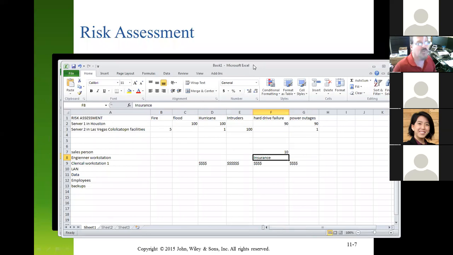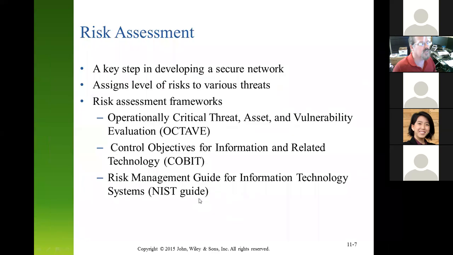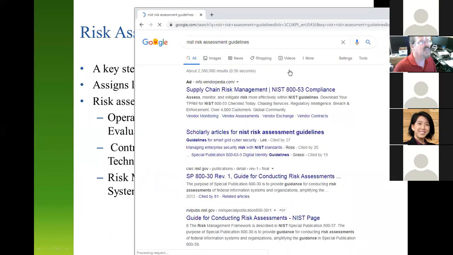Now, the good news is we don't have to come up with these spreadsheets. As I said before, we've got different risk assessment guidelines you can go download. You just Google for the NIST risk assessment guidelines. I like to use NIST. I've used NIST for a long time. Basically, these are downloadable spreadsheets a lot of times, or you can actually download programs.